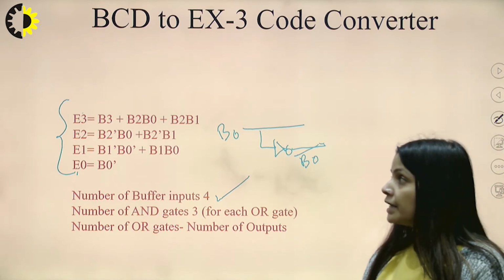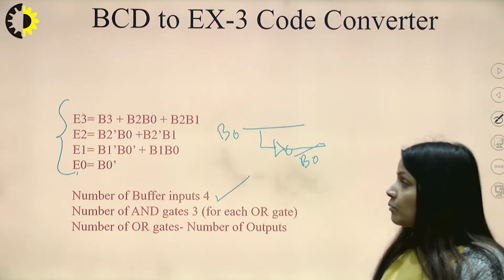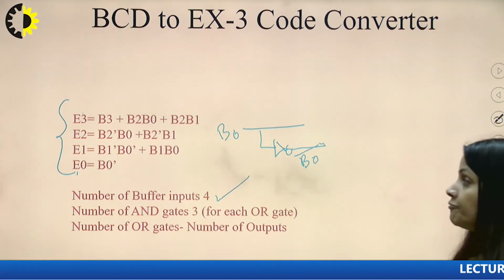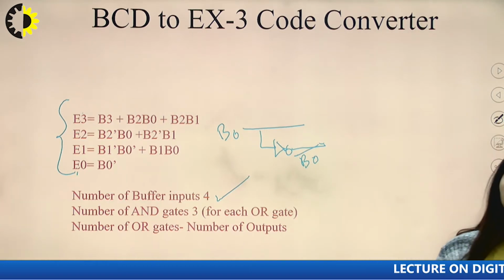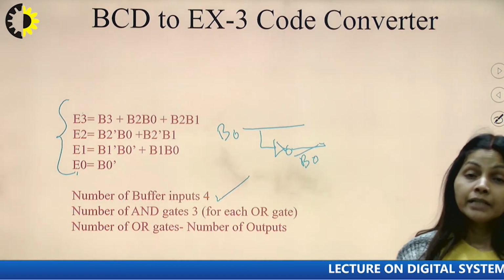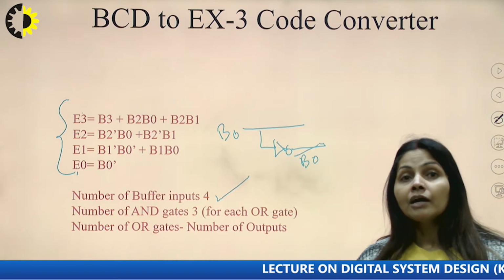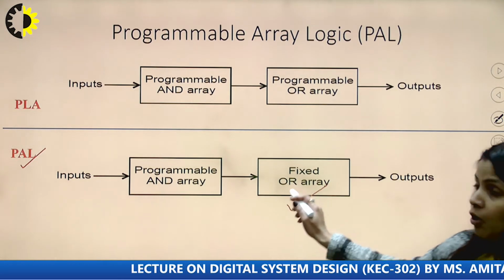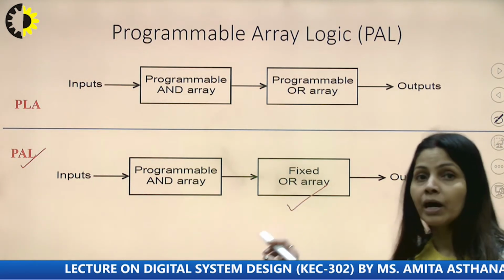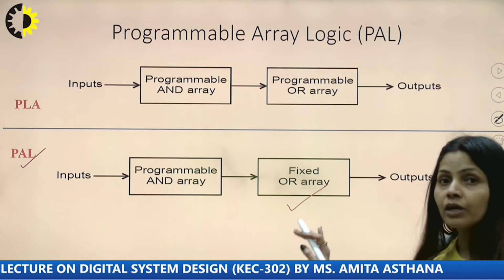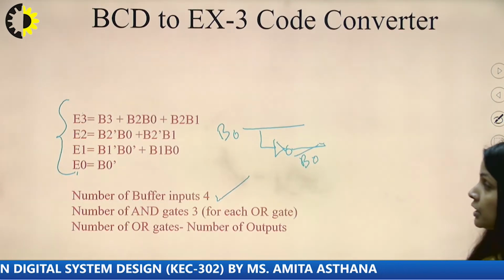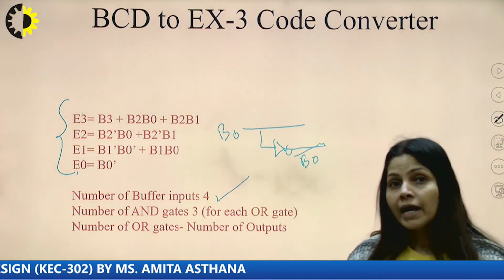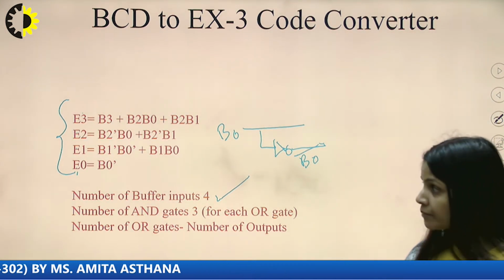Now, the same for the number of AND gates. For deciding the number of AND gates, we need to see what is the fixed number of AND gates for each OR gate. That means here we are fixing, as I already told you, the OR array. So in the case of PAL, we are fixing the OR array. If we are fixing the OR array, what should be the number of AND gates for each OR gate, right?